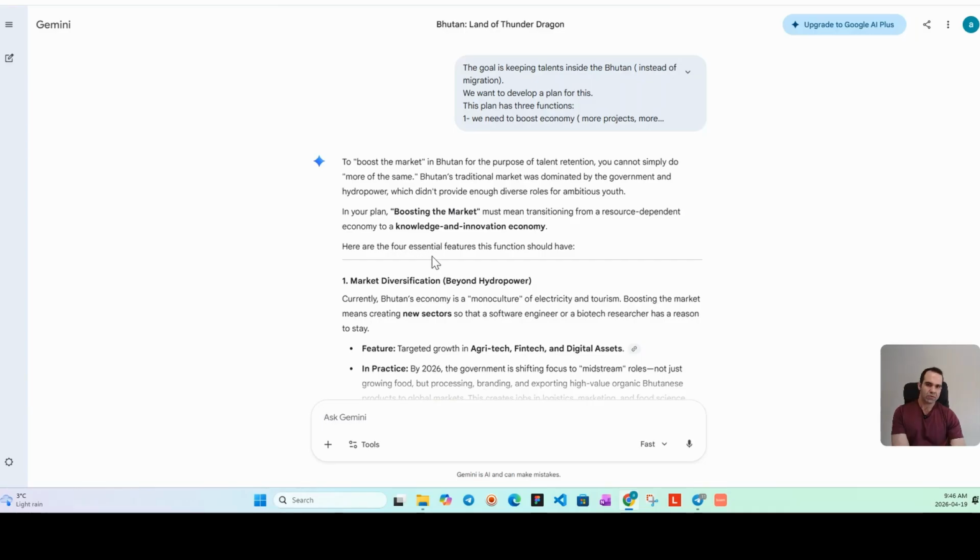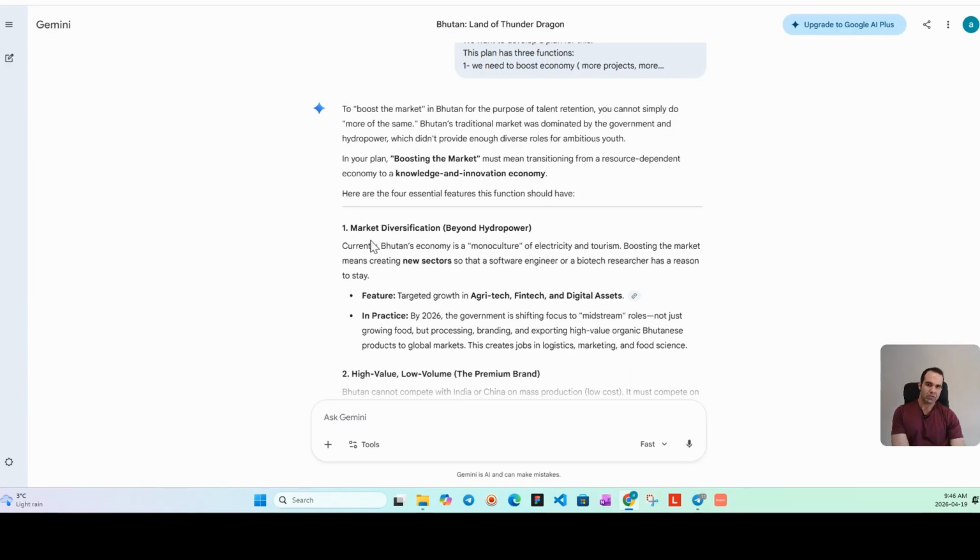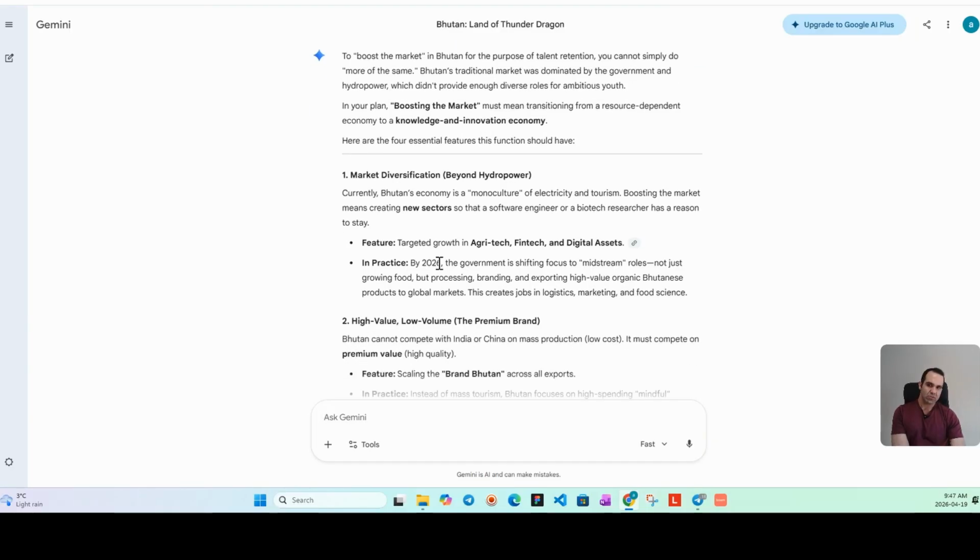Here are the four essential features this function should have. Market diversification beyond hydropower. Currently, Bhutan's economy is a monoculture of electricity and tourism. Boosting the market means creating new sectors so that a software engineer or a biotech researcher has a reason to stay.